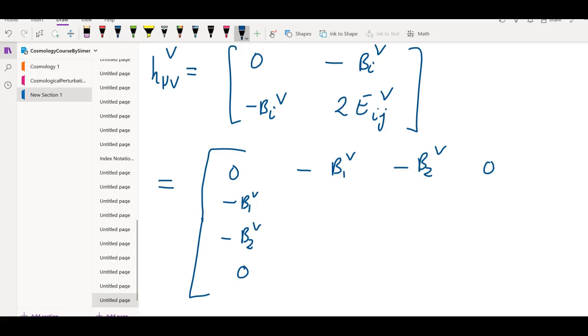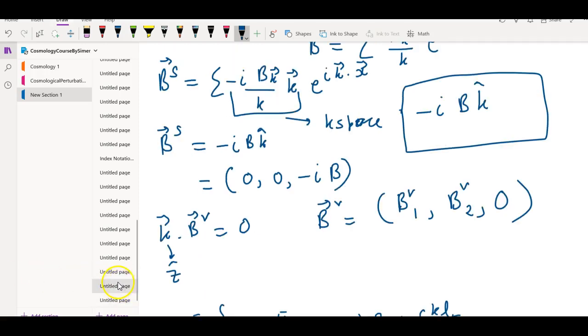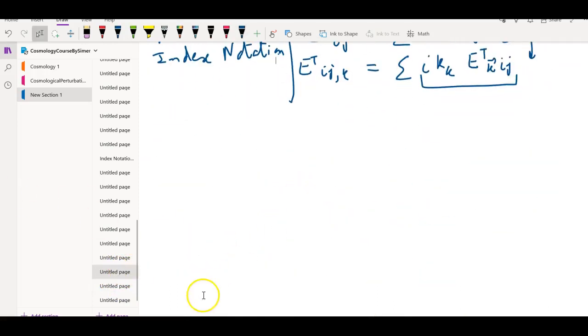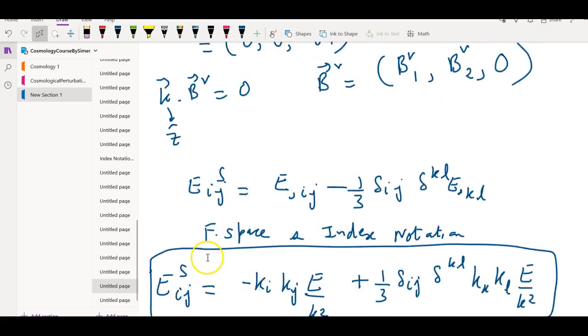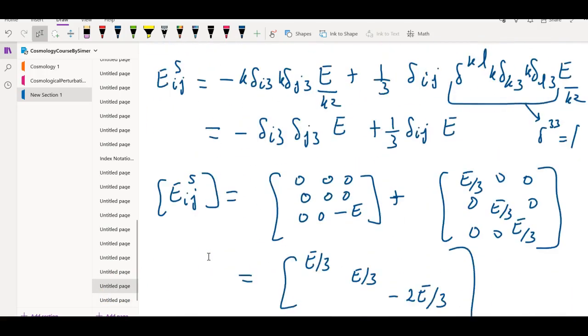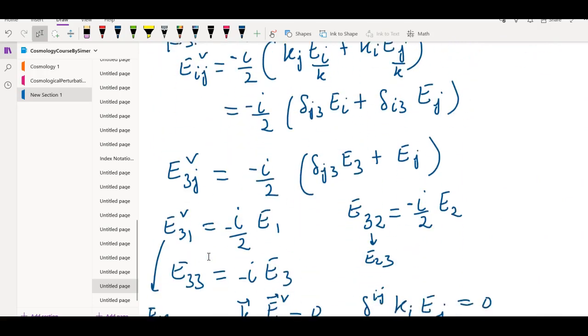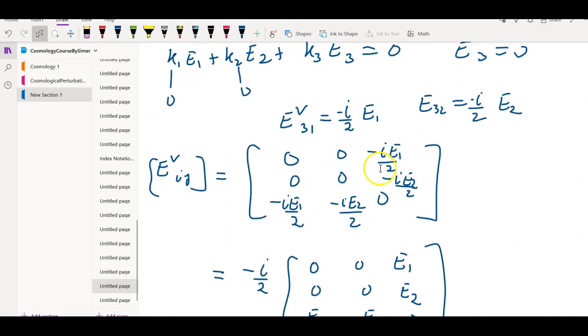Then what is eij vector? Eij vector is minus iota e1 by 2, minus iota e2 by 2.